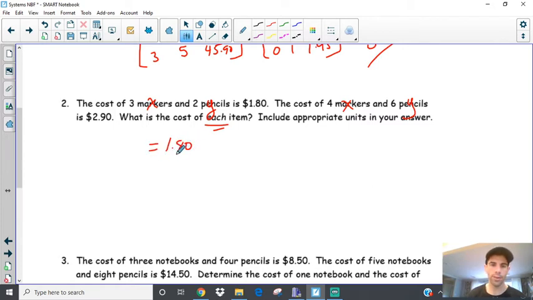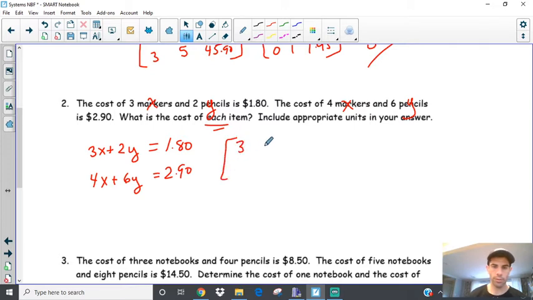One of those totals was $1.80, and it was $1.80 for 3 markers and 2 pencils. And for the other, the equation had a total of $2.90, and that was for 4 markers and 6 pencils. From here now we can create a matrix: 3, 2, 180, 4, 6, and $2.90.